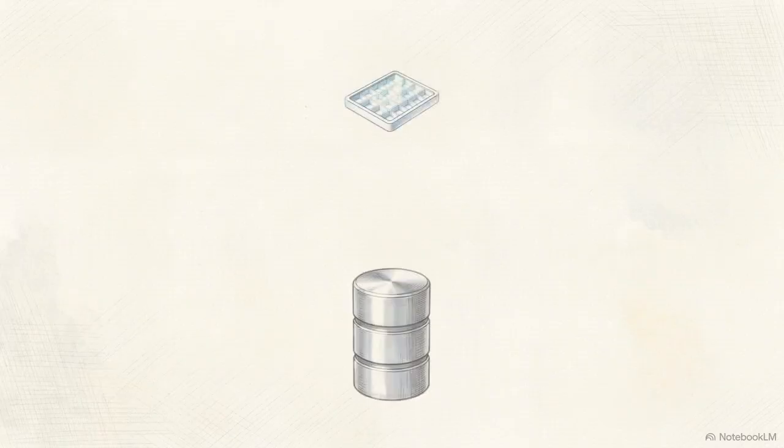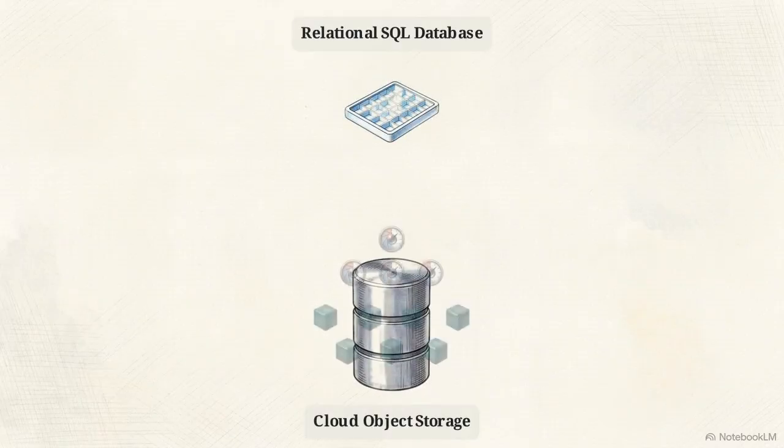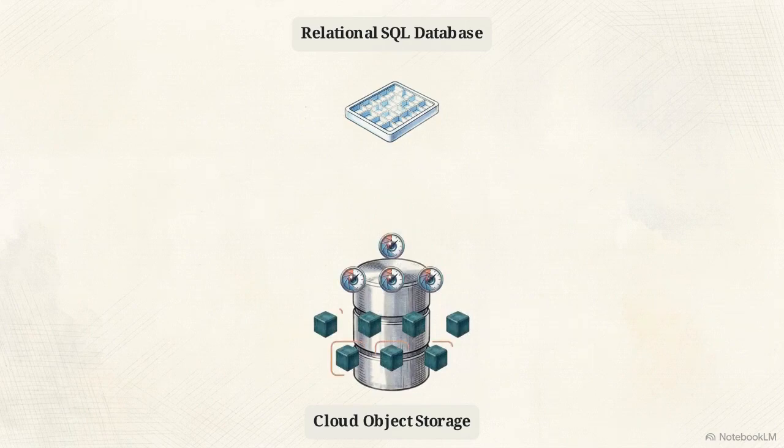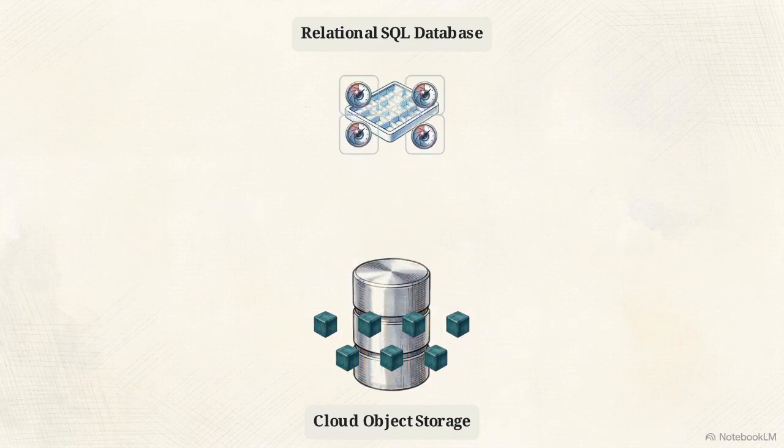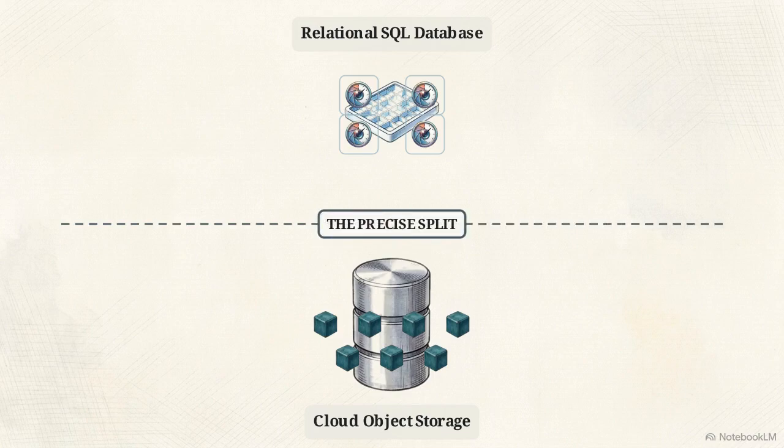Looking at this architectural diagram, we see the precise split. Large analytical datasets remain stored in open Parquet files on the cloud object storage layer. But all table definitions, snapshot histories, file references, and transactional records route into an indexed relational SQL database.